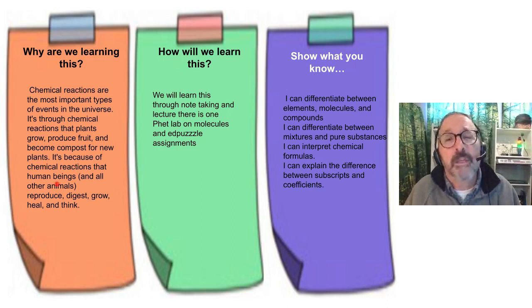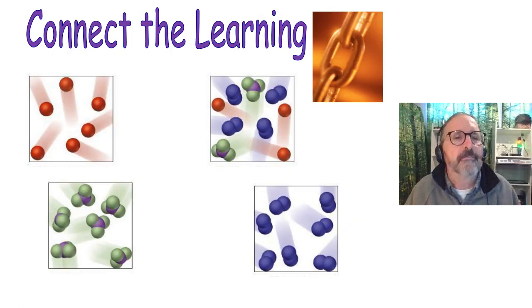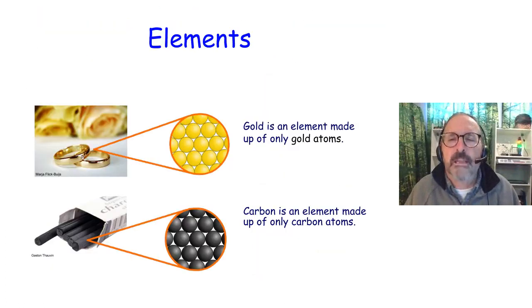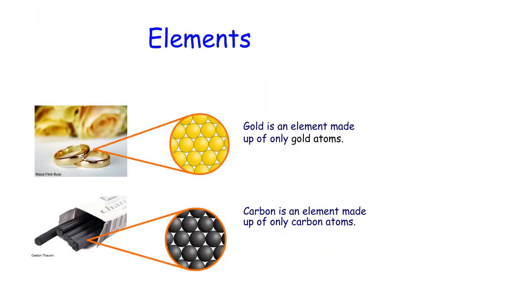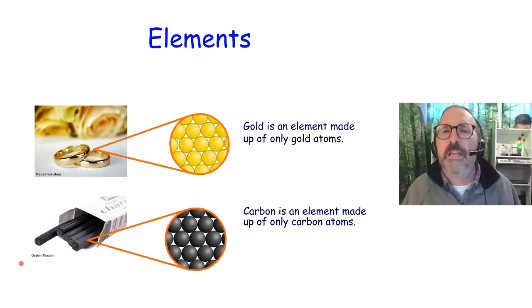What goes in is the same as what goes out. We kind of sometimes think that what goes in does not necessarily come out the same, but this is the idea of conservation of matter. All right, so let's take a look at this. Okay, so I'm going to show you some things. So let's say gold is an element.